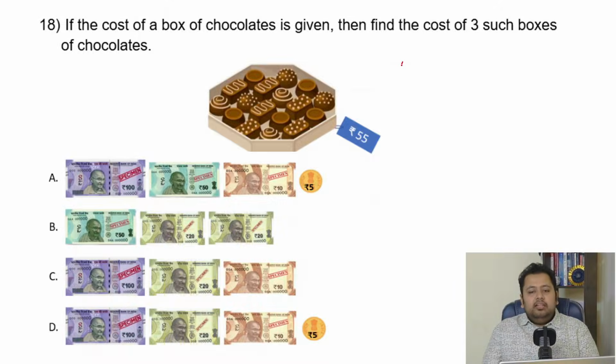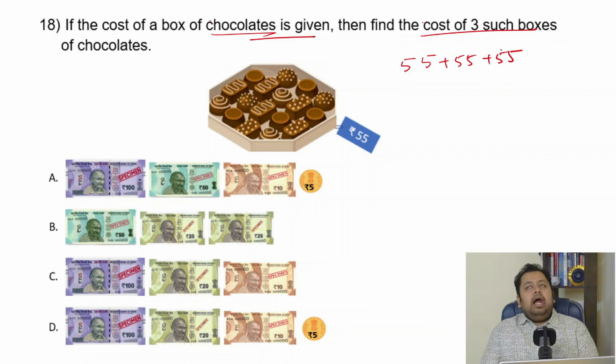Great, easy one again. So, cost of a box is rupees 55. Three boxes would cost how much? It is 55 plus 55 plus 55. I don't know if you are aware of multiplication right now. Generally in class 2, you don't learn multiplication, but in some schools, they do teach multiplication, right?